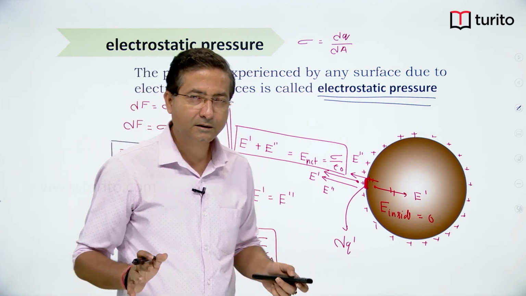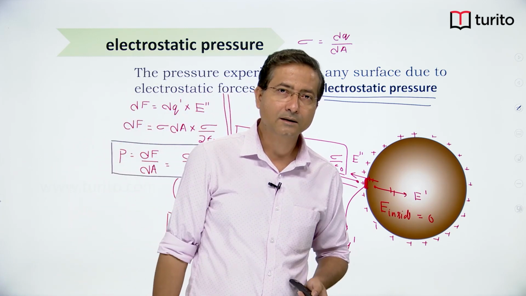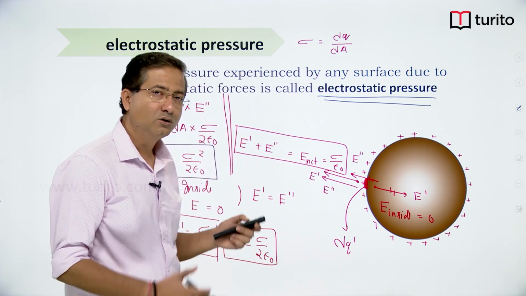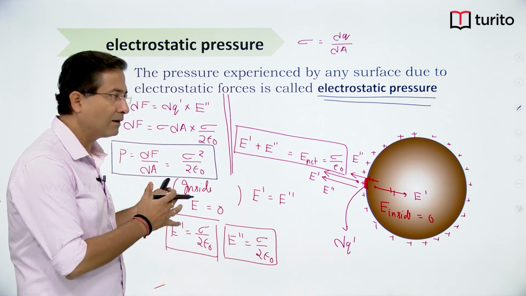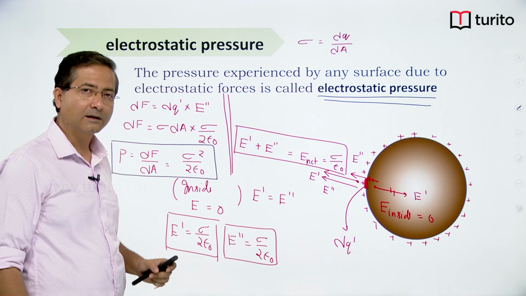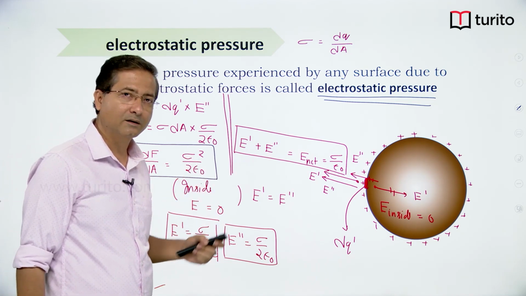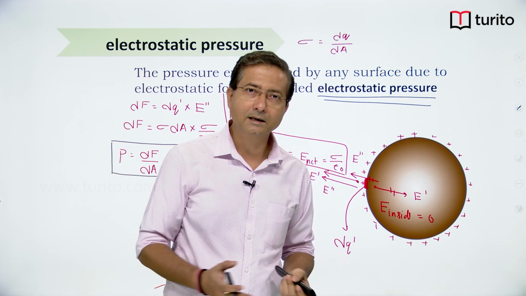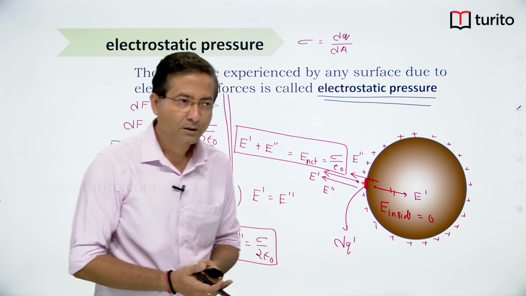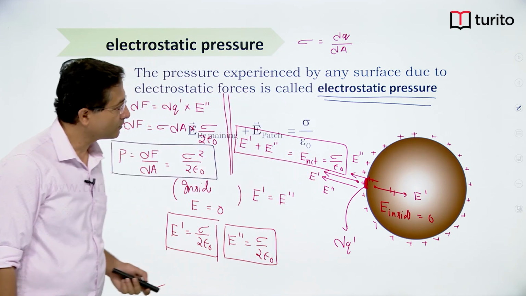So our conductor is over, now we will start capacitor, using all the concepts we have learned in conductor. That is why I have covered conductor first, so that you can easily understand capacitor. What are capacitors?